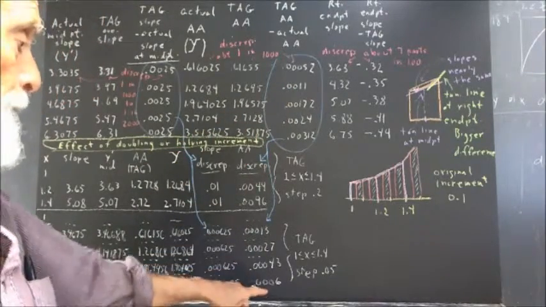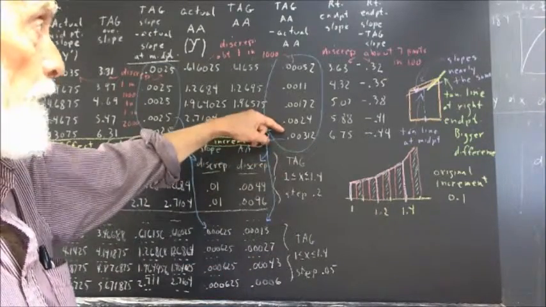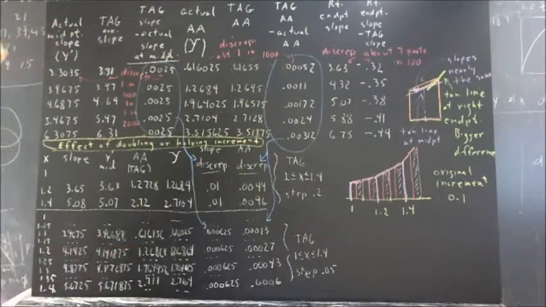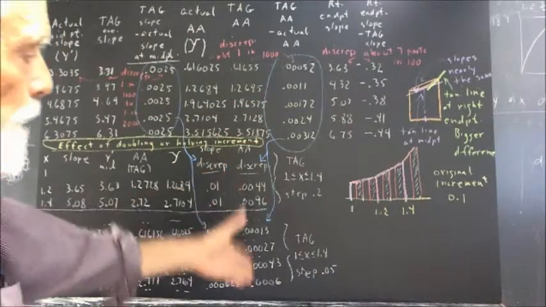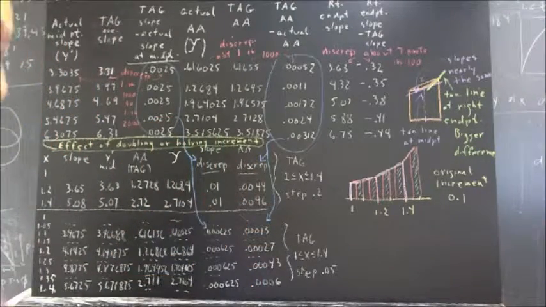But when we get down here, we get a 0.0006, which would be like 1/5 of this, but 1/4 of this. So it looks like we're tending to improve the accuracy of our area increments by a factor of at least 4.